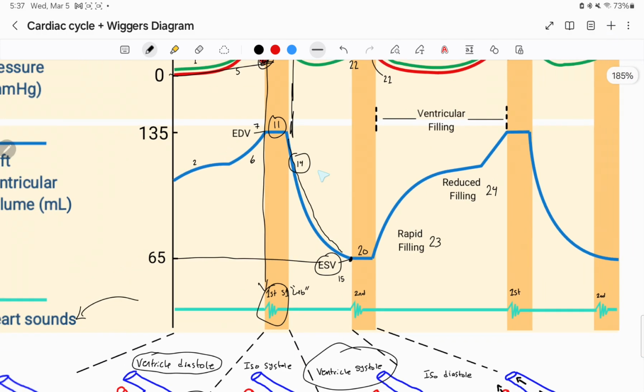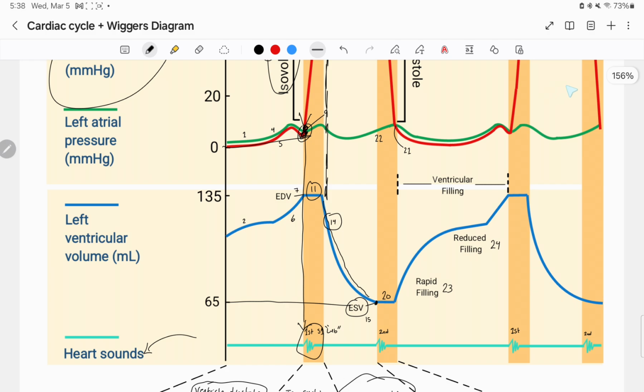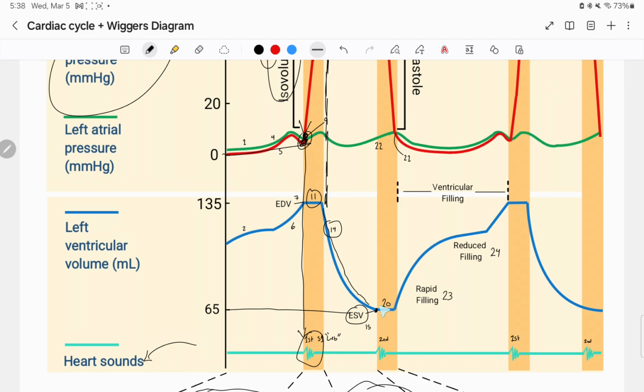So we covered number 13, number 14, and number 15. We're going to stop at the end systolic volume, and now that this QRS complex, the depolarization of the ventricles and the contraction of the ventricles, is all done, what is the next phase?